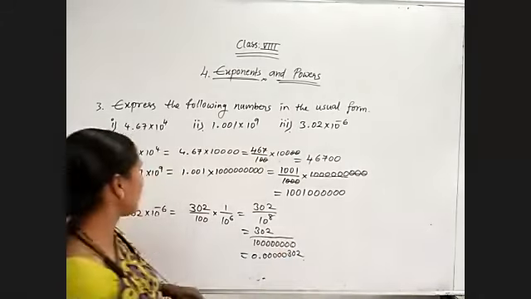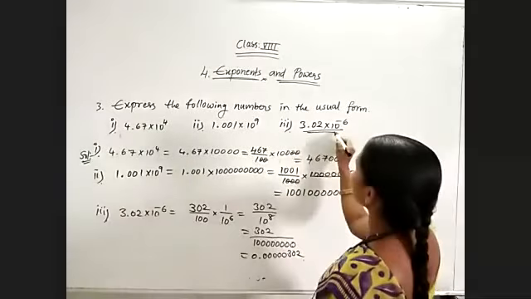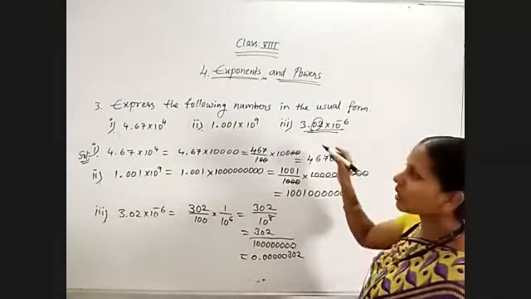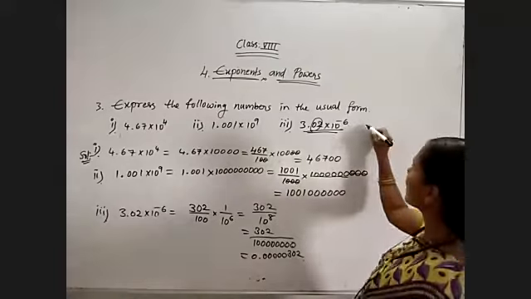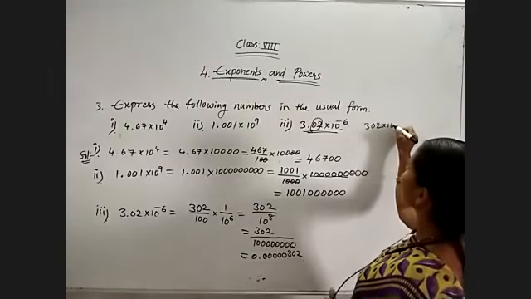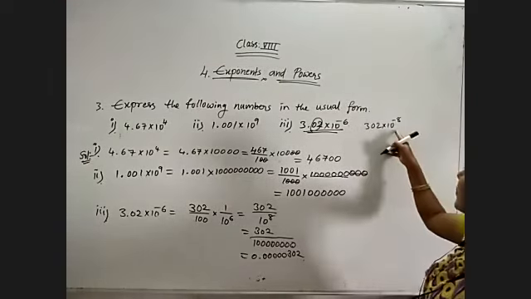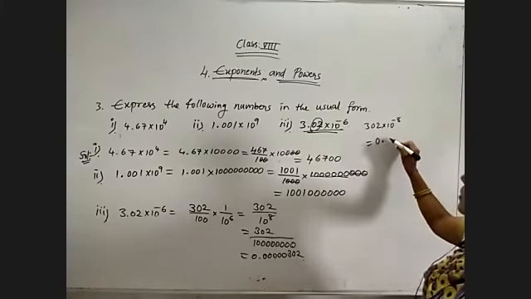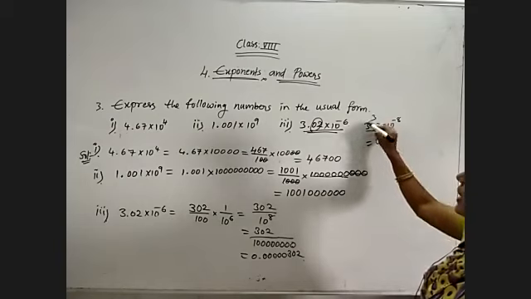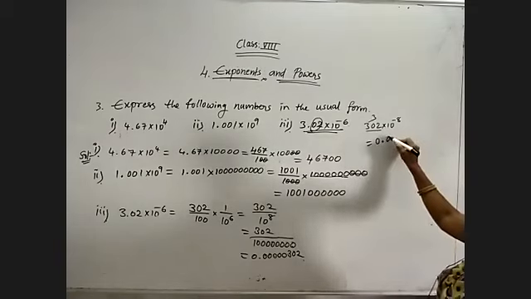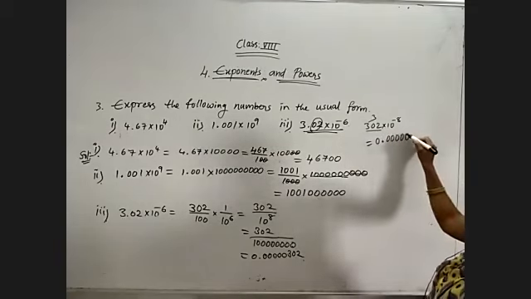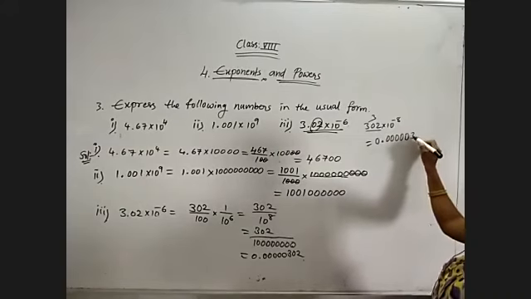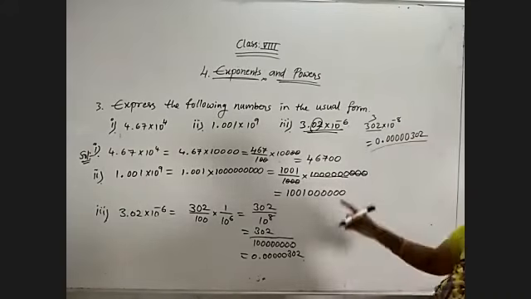So remember, whenever you are getting negative exponents, whatever decimal digits are there, that one also add here. That is 302 into 10 power minus 8. Means before 8 digits we will get the point. 3 digits only we have, still 5 digits we want. So 1, 2, 3, 4, 5 zeros and 302. This is the complete value of this expansion.